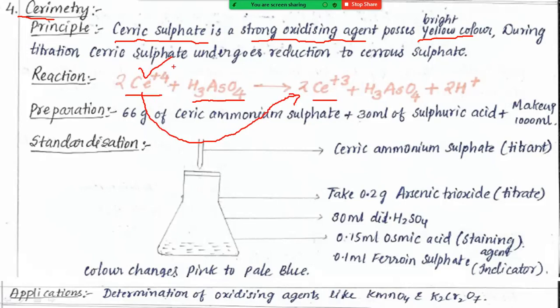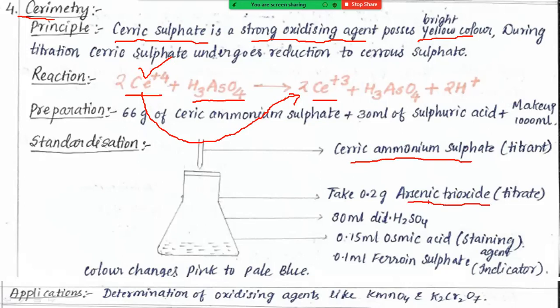But the ceric ammonium sulfate is a secondary standard solution, which has impurities. So before using the ceric ammonium sulfate, we need to standardize it. For standardizing the secondary standard solution, we should always use a primary standard solution.